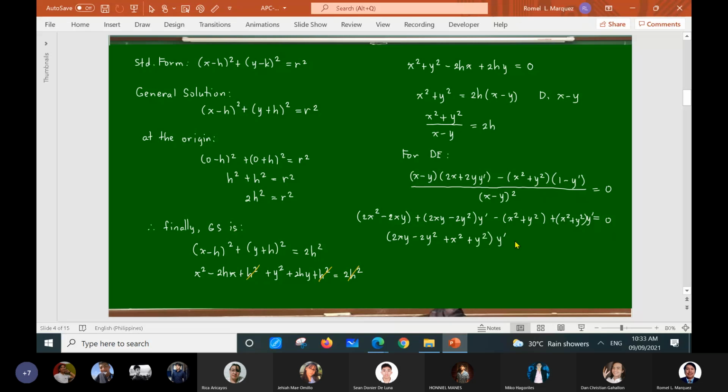Yung mga walang y prime, ito. We have plus 2x squared plus minus 2xy minus x squared minus y squared. Okay? Equal to 0. Simplify, x squared plus 2xy minus y squared.